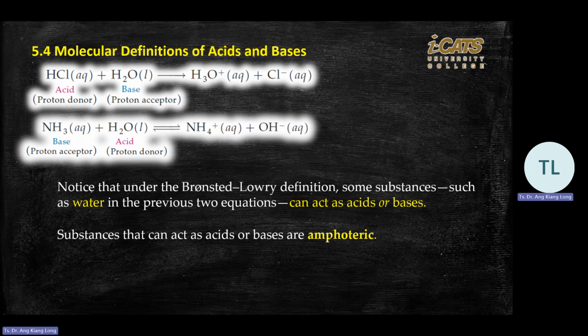You tell me: substances that can act as acid or base are amphoteric. In the test, I'll give you one substance that can change between acid and base, and you need to tell me what that substance is that reacts as amphoteric.